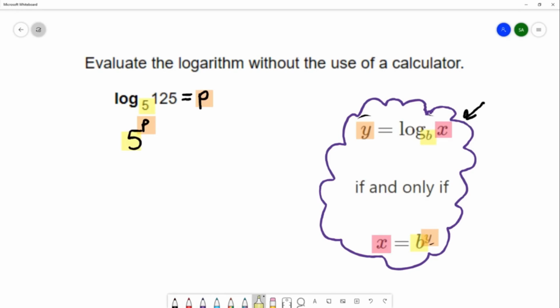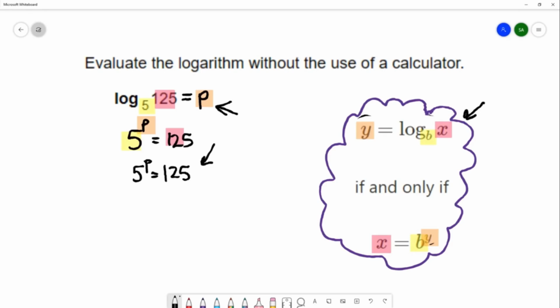Then this exponential expression will equal what we have inside the logarithm. So that's going to give us the statement 5 to the p equals 125. This equation in exponential form is equivalent to the equation in logarithmic form.